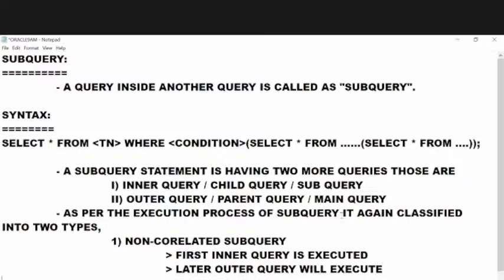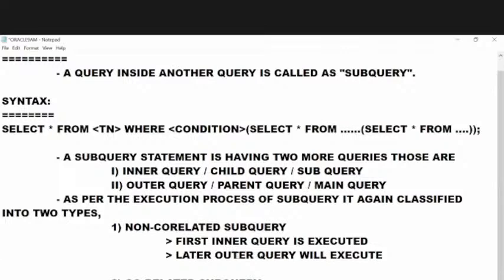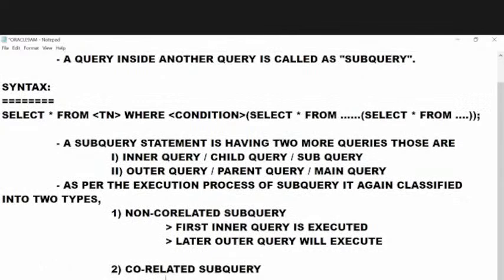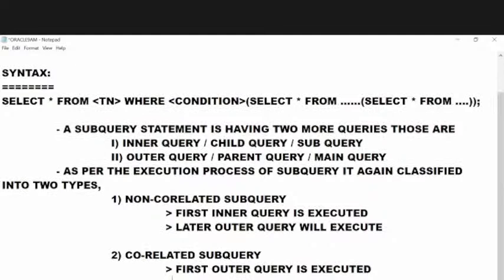So this is the non-correlated nature: first inner, after outer. And what about a correlated subquery? In correlated, first the outer query is executed, and later the inner query will execute.